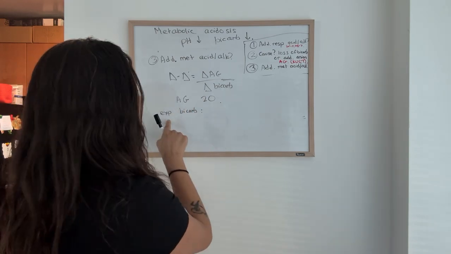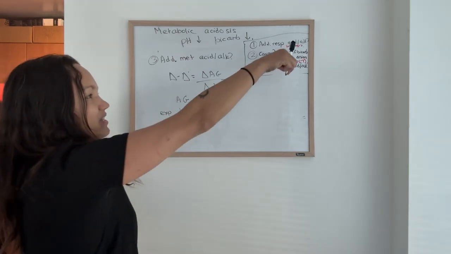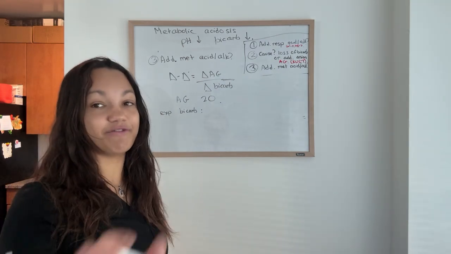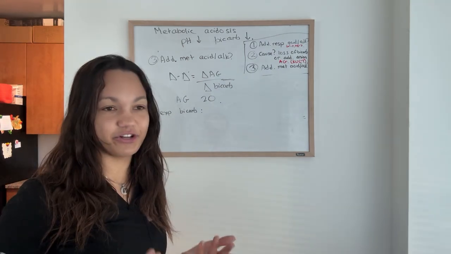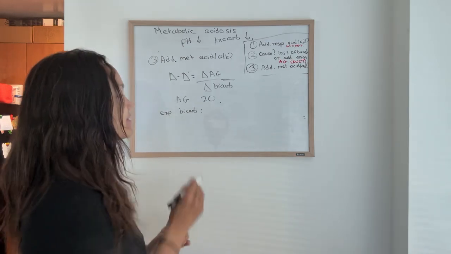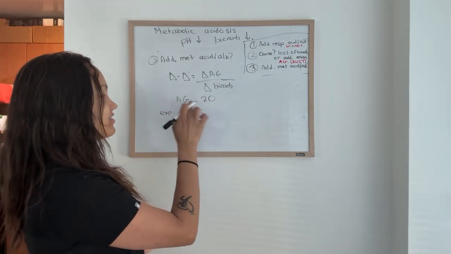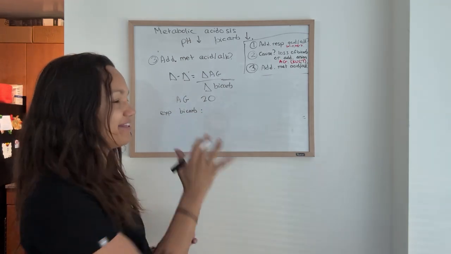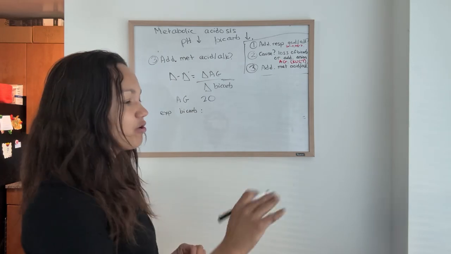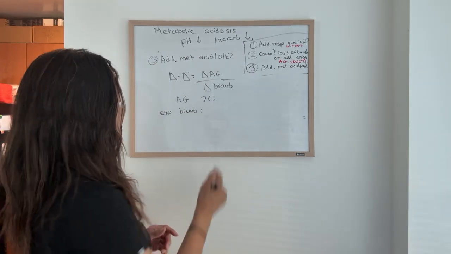By the way, the way I do it, like expected bicarb, makes me think of how the Winters formula works. You calculate an expected PCO2. If the PCO2 is higher, there's additional respiratory acidosis. If it's lower, it's additional respiratory alkalosis. The way I think of delta is that I get an expected bicarb, and then if the bicarb's higher, it's additional metabolic alkalosis. If it's lower, additional normal anion-gap metabolic acidosis.